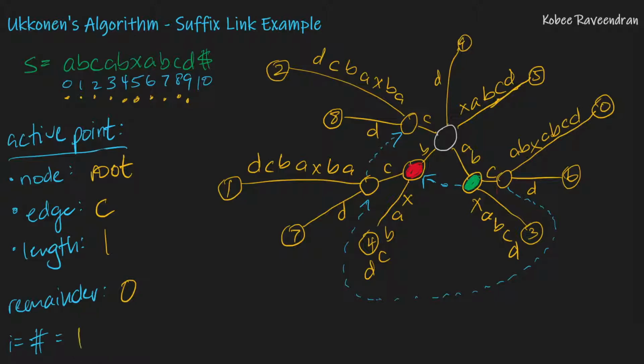Iteration 10. That gives us the $ sign. And there's not really much to do here. We just kind of add that to all of the leaf edges.